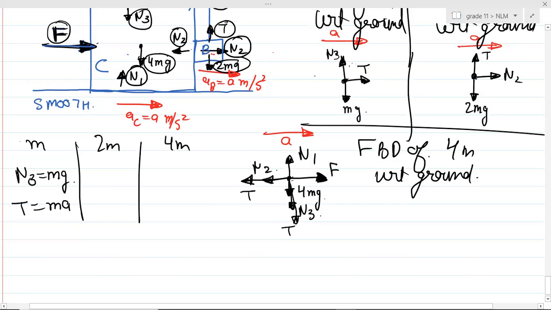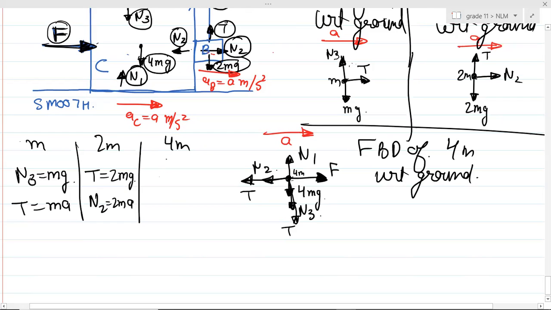I have not used the concept of pseudo force over here. The second approach I'll tell you with the help of pseudo force. And this is equal to N2, T is equal to 2mg and N2 is equal to 2m into a. Yes or no, guys? Am I doing it correct?